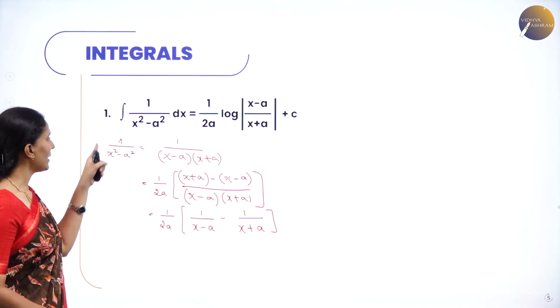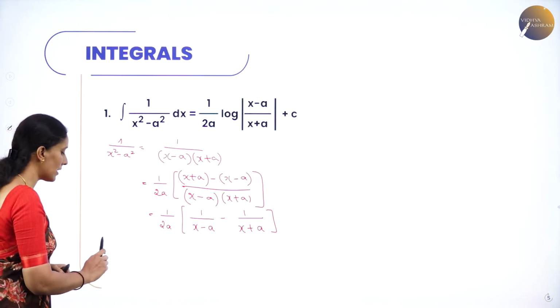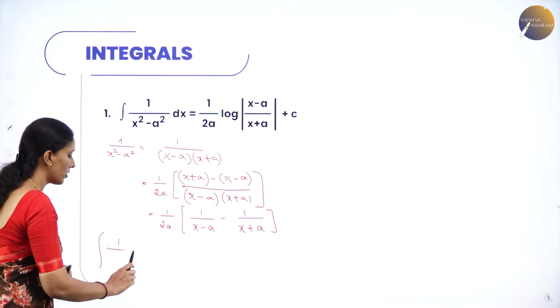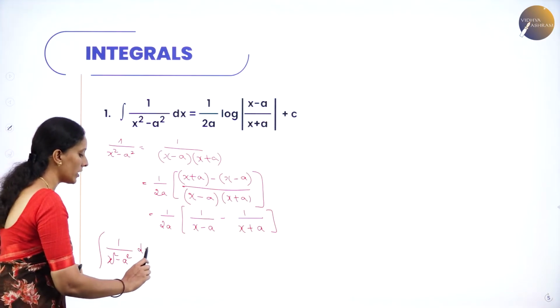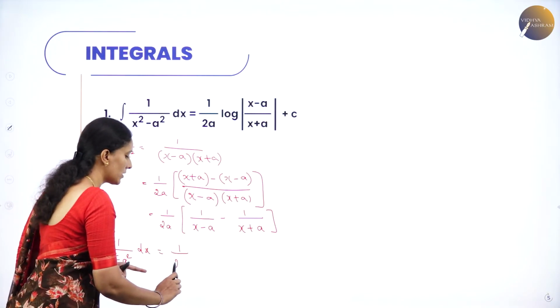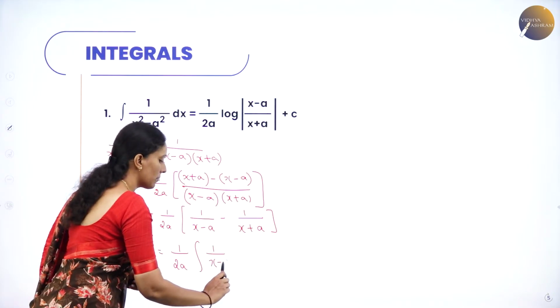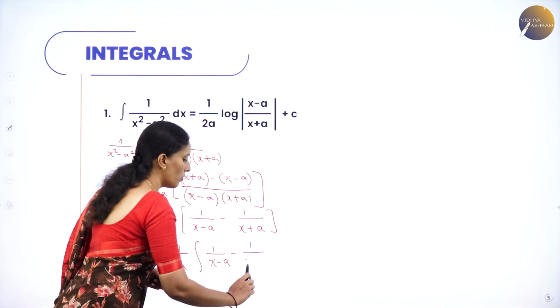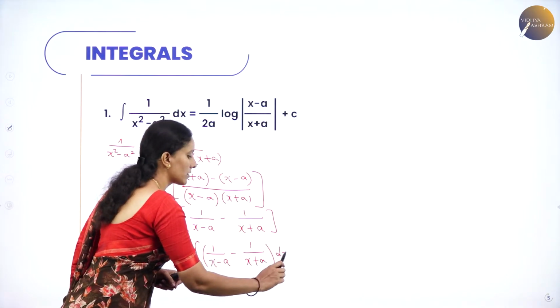Now let us apply the integral on both sides with respect to dx. So the integral of 1 over x square minus a square dx is equal to, I can take 1 by 2a as a constant outside, then it is the integral of 1 over x minus a minus 1 over x plus a dx.